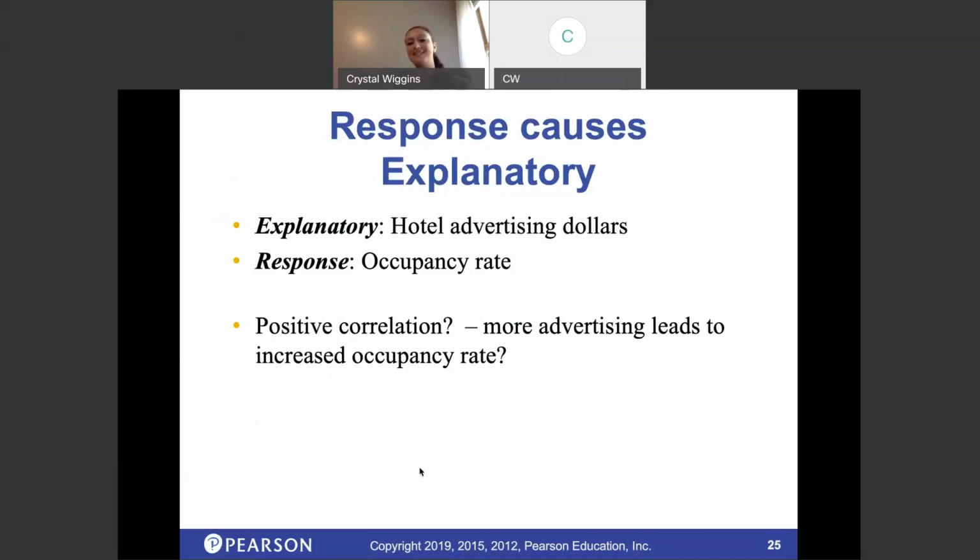If you think about a business, I'm not going to advertise for my hotel if I'm already doing really well. Why would I spend money on something that's already succeeding? So it's the other way around. If you have a low occupancy rate, you are going to spend more money in advertising dollars because you need people to come to your door. So this is actually a negative correlation where the response explains the explanatory.